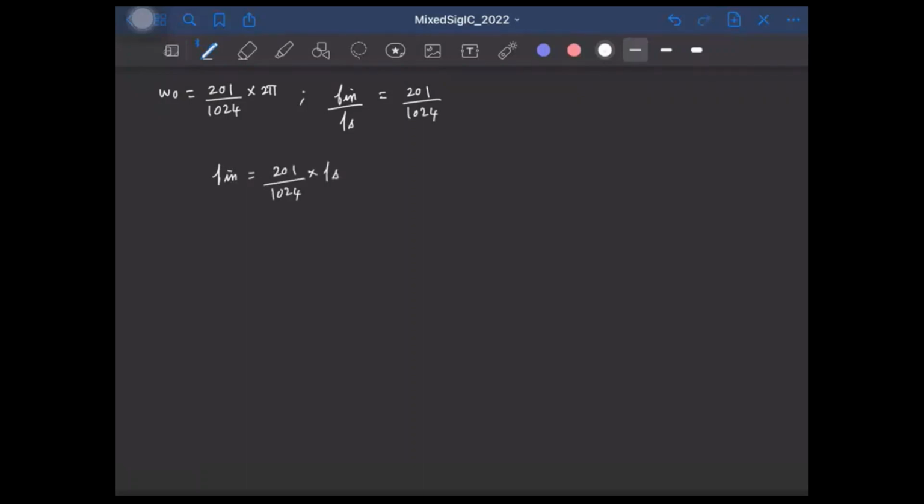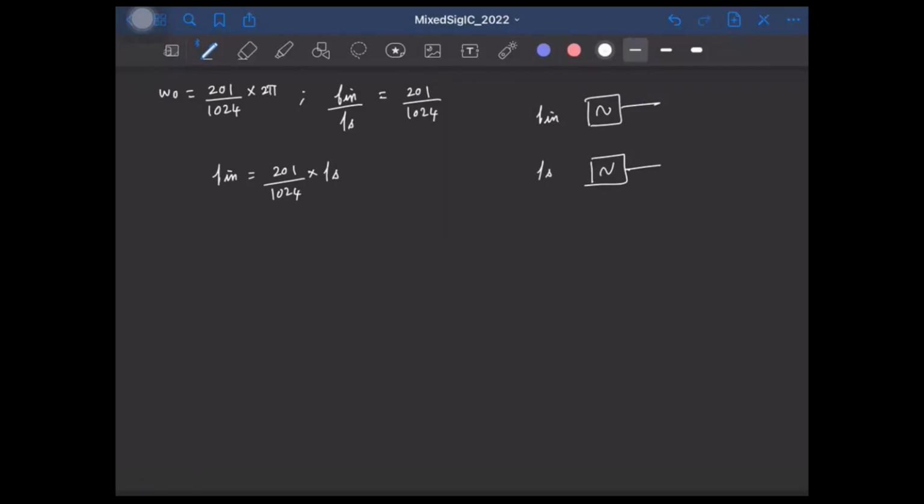In practice, obviously, these two frequencies, the input frequency and the sampling frequency, will be generated by two separate signal generators, right? And as you will be studying in some other courses, if you don't do anything, the frequency of oscillation of these oscillators will keep drifting over time.